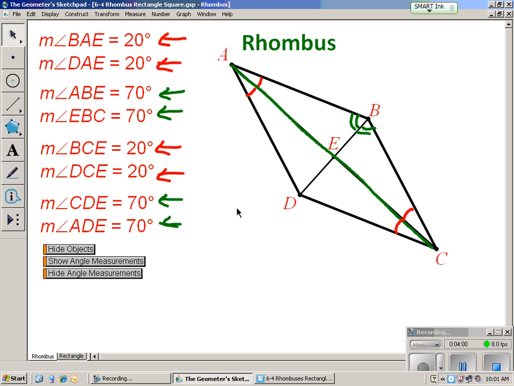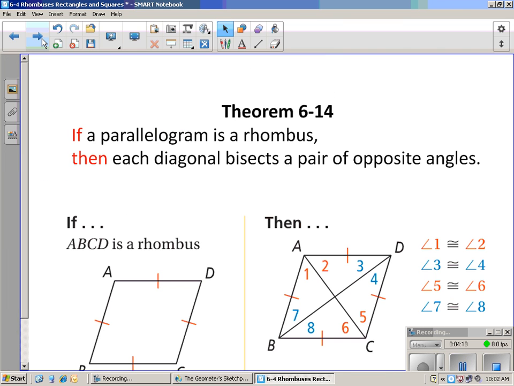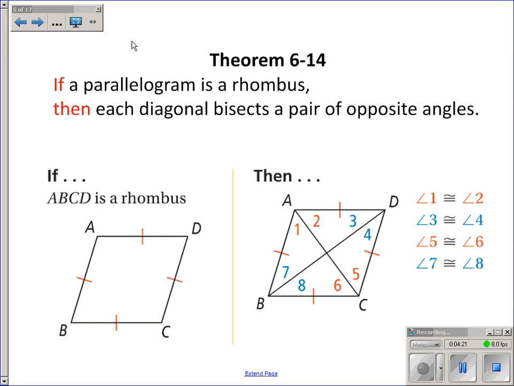So this diagonal has bisected angle B, and CDE is congruent to ADE, so it has also bisected that angle. The thing you need to know about rhombuses is that the diagonals will bisect the opposite angles. That's the second property you need to know: if a parallelogram is a rhombus, then the diagonals will bisect a pair of opposite angles.